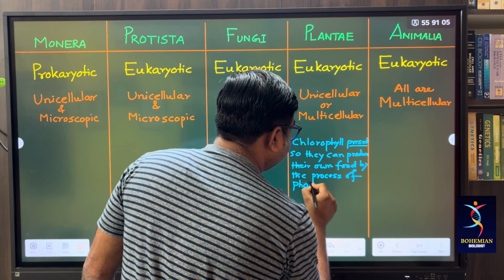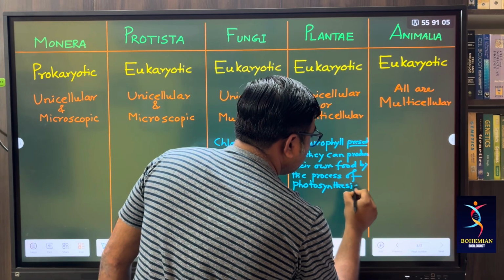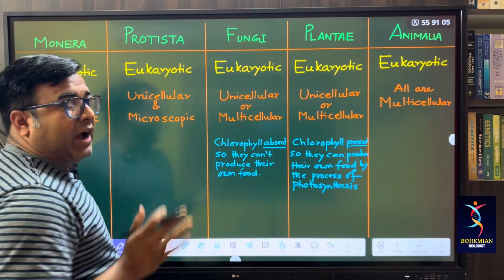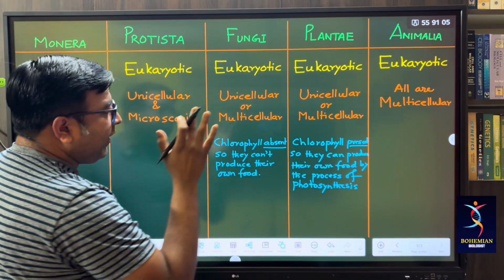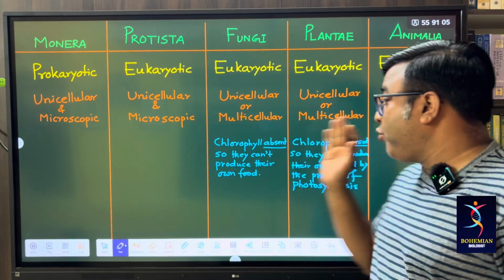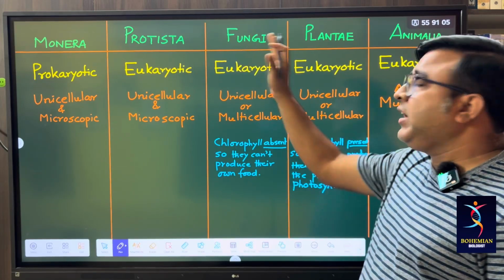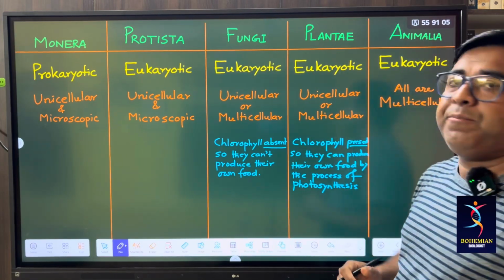You must know about photosynthesis. So here the difference comes. Fungi cannot produce their own food, but plantae can, because chlorophyll is absent in fungi and present in plantae.